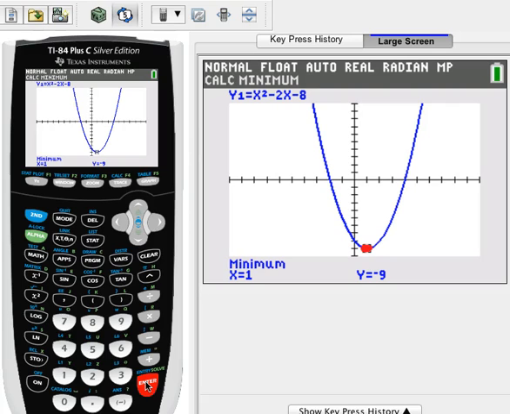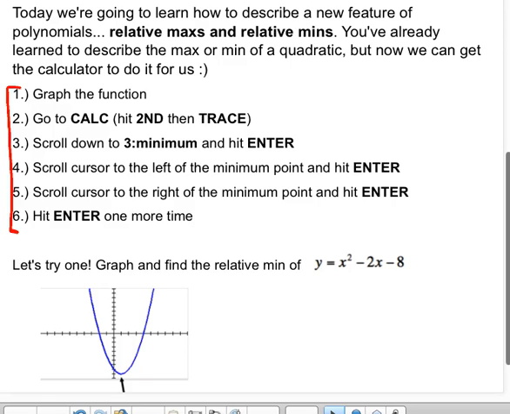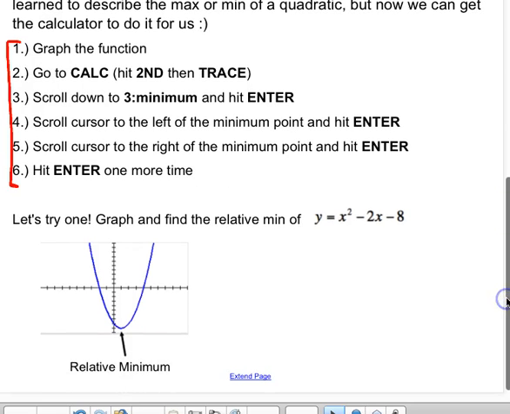And here you can see it's calculating it to be 1, -9. Okay, so that is the minimum point. So the relative minimum is going to be the point 1, -9.